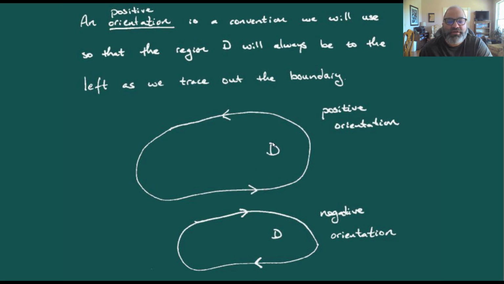So if we imagine that our region D is here, we're tracing this curve around the outside, then what's happening is we're doing this, that part of our region D is always going to be at our left hand as we're going around. So you can kind of think of this as we're tracing it out counterclockwise, if you want to think about it that way. And then we can have the negative orientation where we're tracing it out clockwise so that the region is always to our right as we're tracing it out.